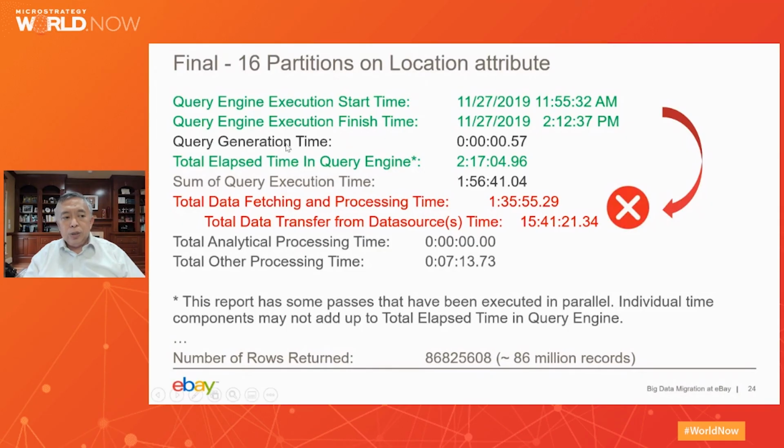And they choose to do 16 partitions in this case. You can see the amount of data that needs to be moved increased by 8 times, and naturally, the time going from 30-some minutes to over 120 minutes, 2 hours, basically.